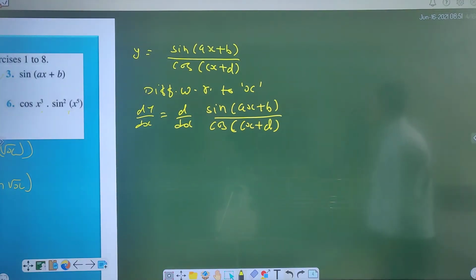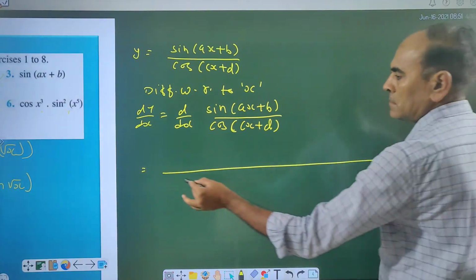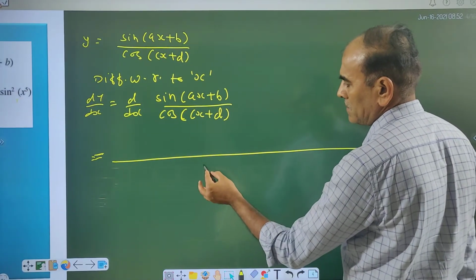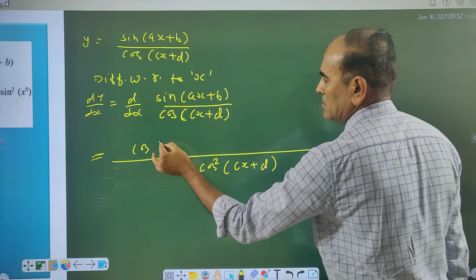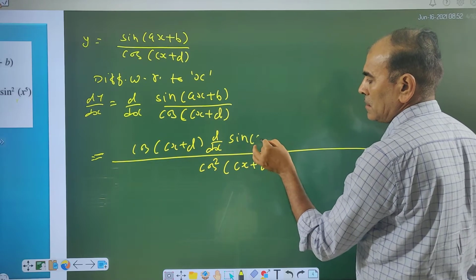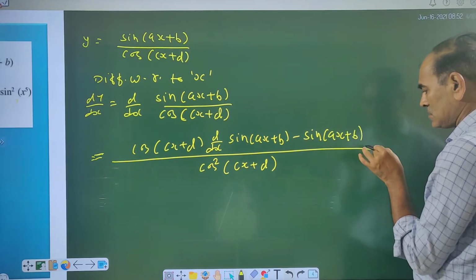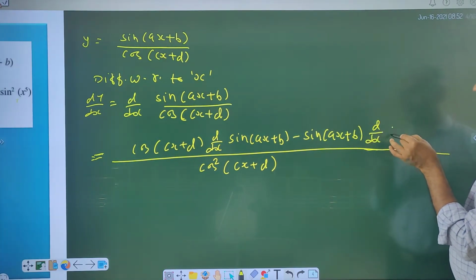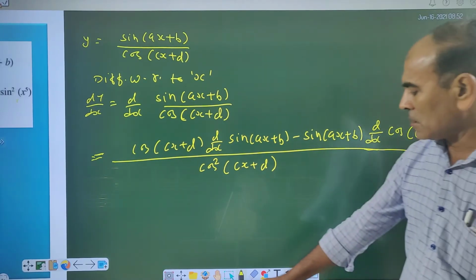Now all of you know the division rule for differentiation: denominator quantity whole square, in the denominator, denominator quantity as it is, derivative of numerator, minus numerator as it is, derivative of denominator quantity, d by dx of cos(cx + d). First of all, we are applying the division rule.